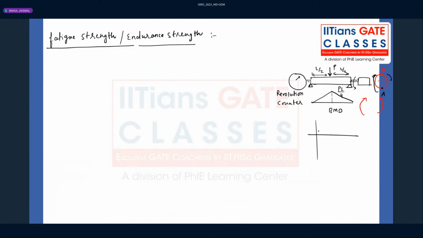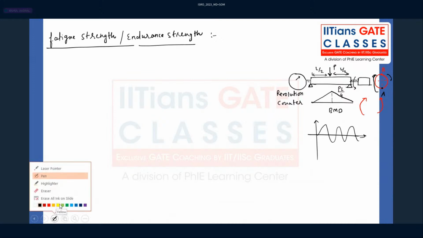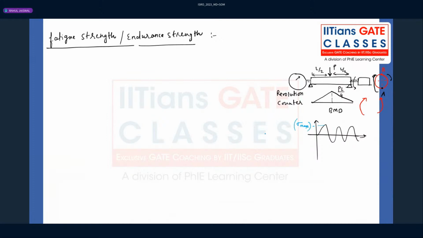So he came to know that when the material is subjected to completely reversed bending stress, he concluded the maximum value of the stress amplitude, the maximum value of the bending stress to which a material is subjected throughout its life, which a standard polished specimen can withstand for a minimum life of 1 million revolutions under completely reversed bending load, right?